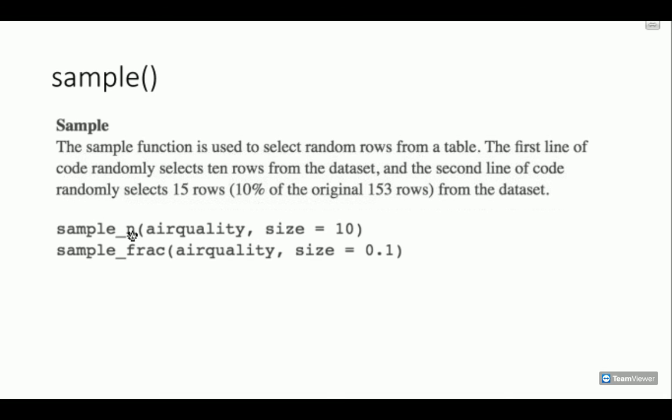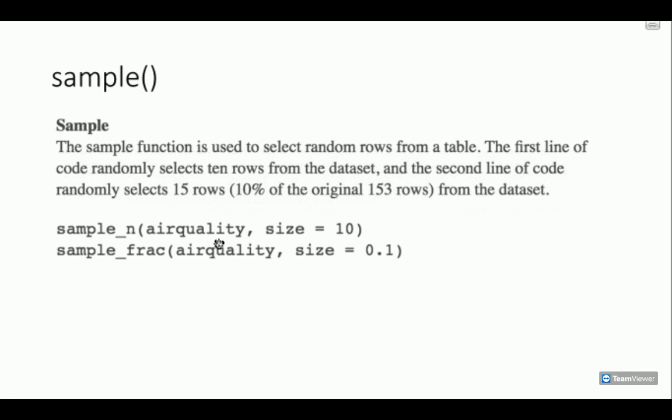So sample underscore n is when you want to randomly pick a few lines from the data set. So if you have the air quality data set and you give it the size of 10, it's going to pick 10 rows at random from the air quality data set.